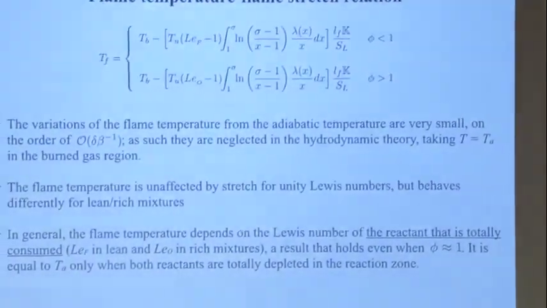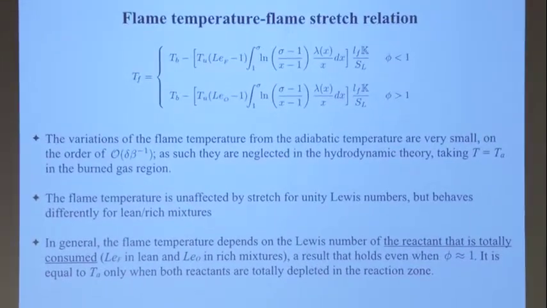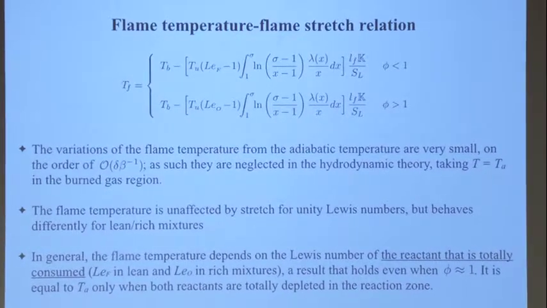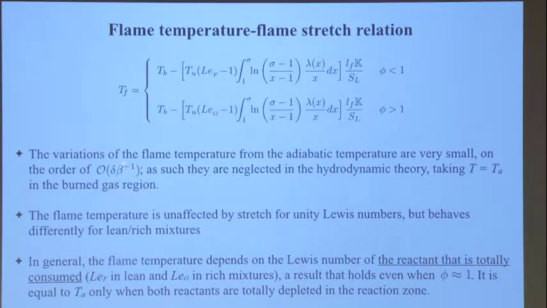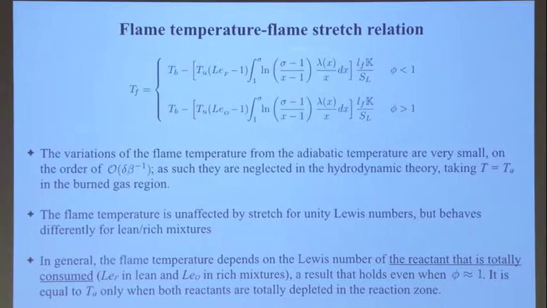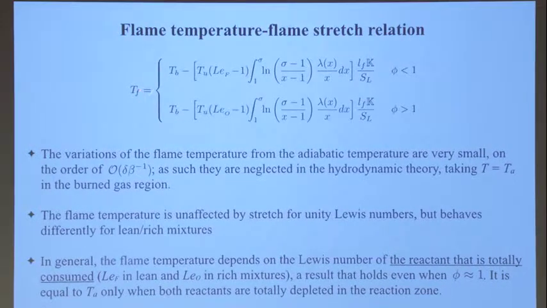The thing is that the variations are very small. They are not only of the order of the flame thickness, like the correction of the flame speed, but they are flame thickness multiplied by the reciprocal of the activation energy, and so variations are very, very small. Nevertheless, they exist, and this is what the result from the theory is: the flame temperature is the burnt temperature, or the adiabatic flame temperature, corrected by stretch.